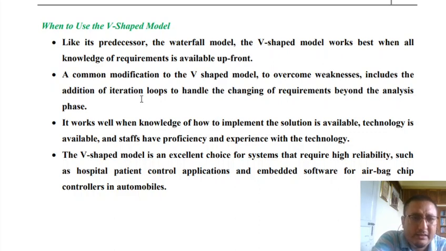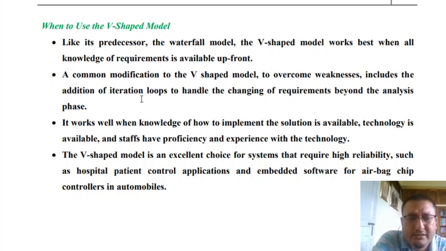As in situations where you need the assessment of the interim software development standards, like intermediate products that are being generated by software lifecycle phases. If we need assessment of that, then the V-shaped model can be used.